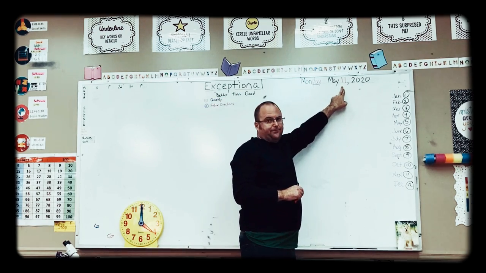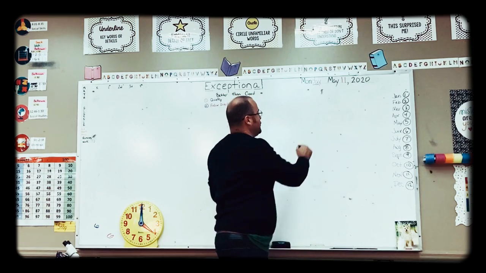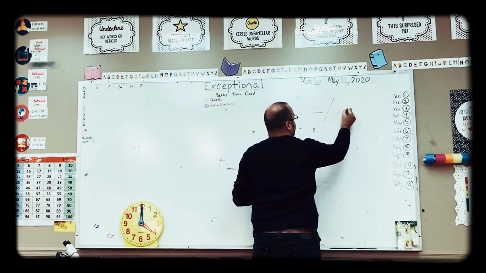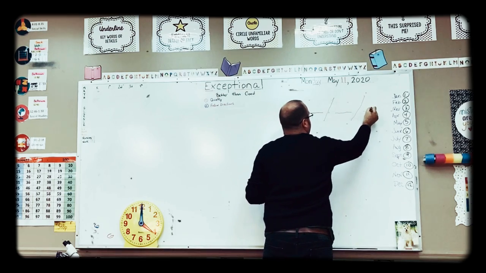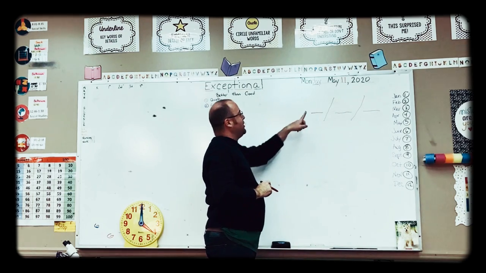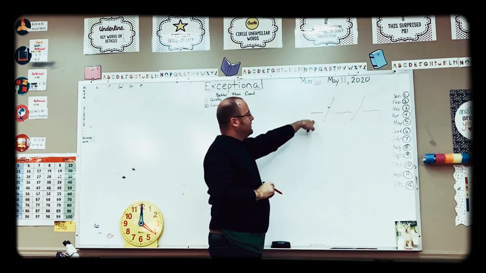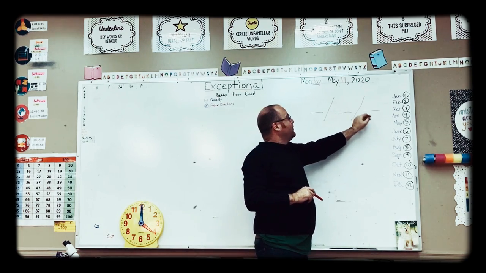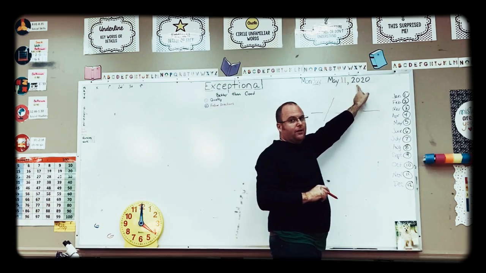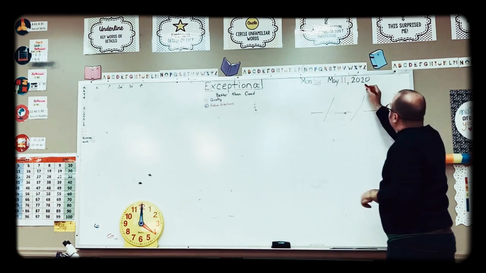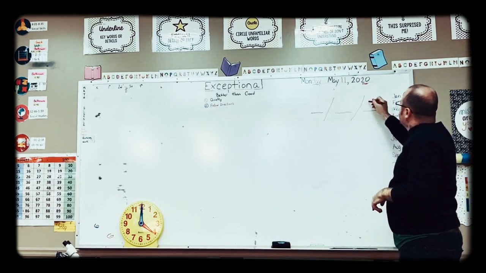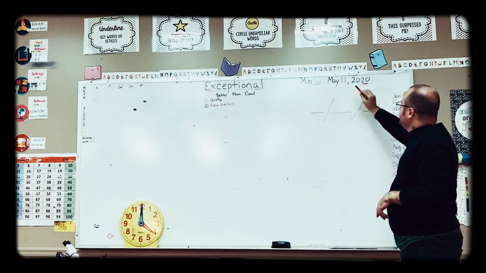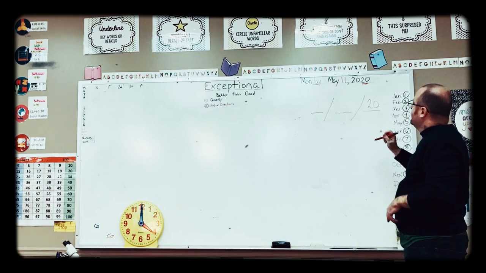So when we write short form, we've got something that looks like this. We have our month, our date, and our year. We don't put the whole 2020. We just put the last two in there. So we would say 20. All right? It's not 2019, it's 2020.